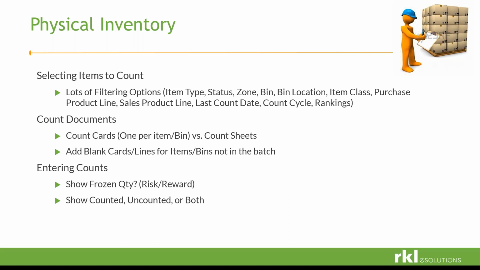Once you've gone through that first pass of getting that data entered, it's probably a good suggestion to click on the button to show only the uncounted items to verify the stuff that you have not entered yet into that count batch.